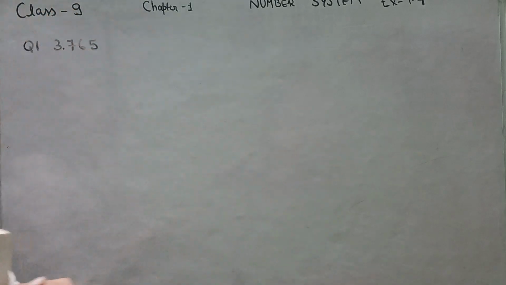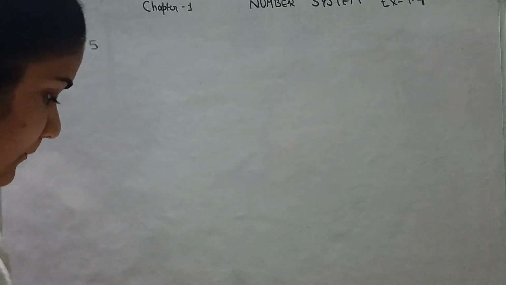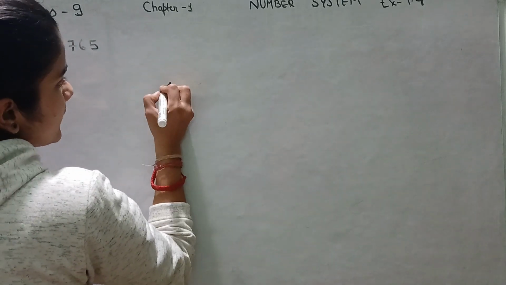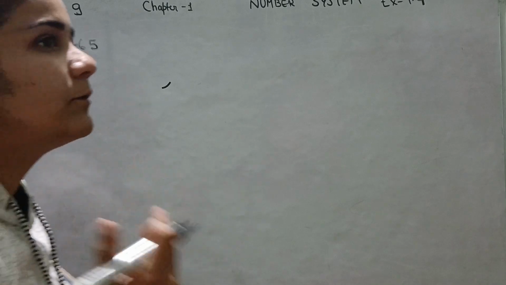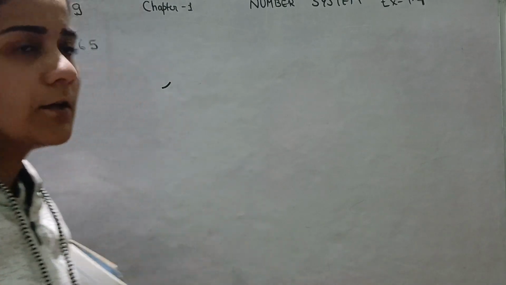Okay, let us get started. Let's look at it with the example. 3.7 comes in between 3 and 4. We all know that, right?